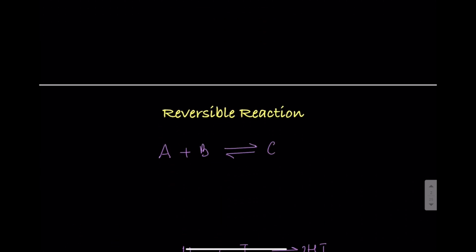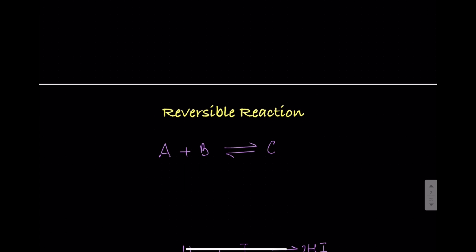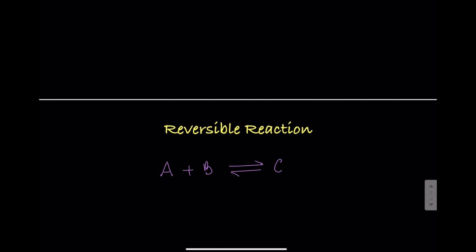So in order to start out with the chemical equilibria concept, let's first look at a reversible reaction. When I say a reversible reaction, compound A reacts with compound B to give rise to compound C. Initially, A and B will combine and start making C. But once a critical concentration of C is achieved, the reaction starts to go back because it has crossed a particular concentration of product.